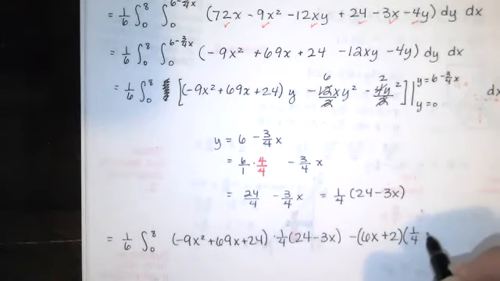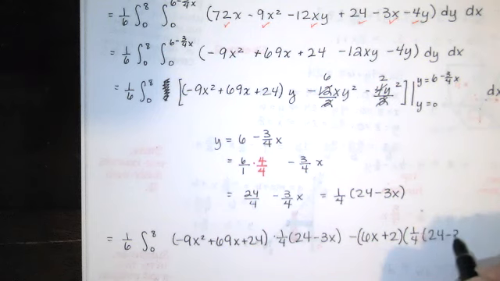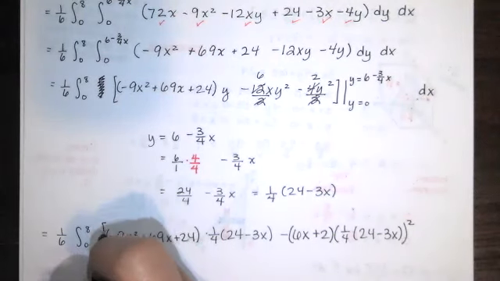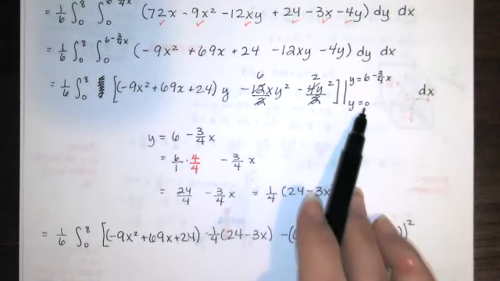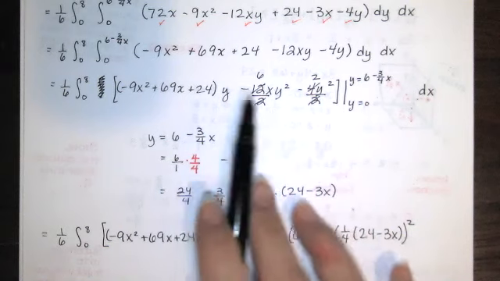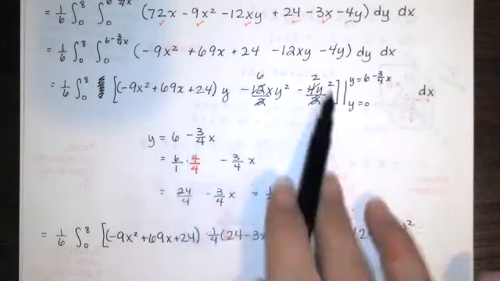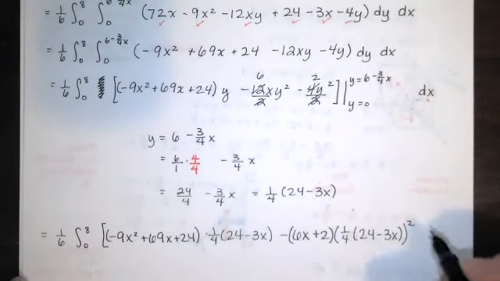So that's 1/4 times 24 minus 3x, quantity squared. And then when we substitute y equals 0, we just get 0 minus 6x times 0 squared minus 2 times 0 squared. So all of this is 0. So we really don't have to do anything there.